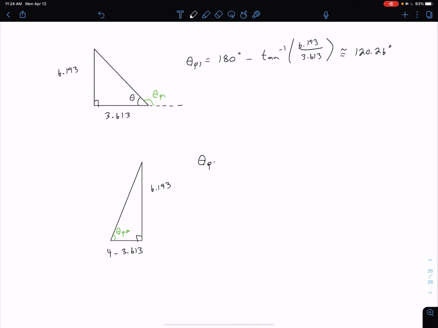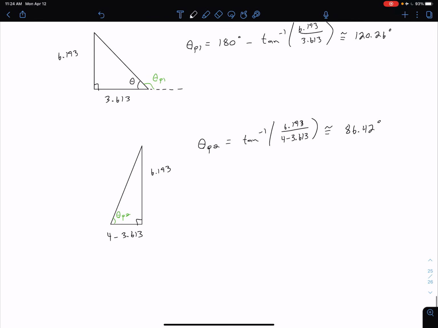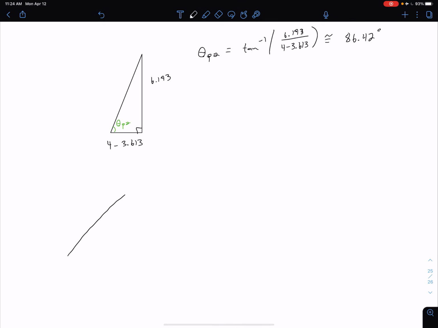So theta P2 is equal to the inverse tangent of 6.193 divided by 4 minus 3.613. And if we plug that in, we get that this is approximately 86.42 degrees.